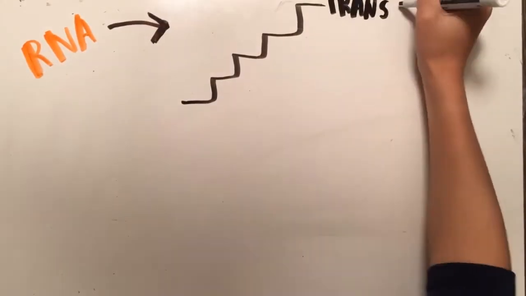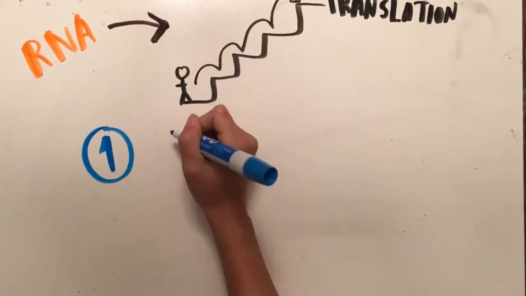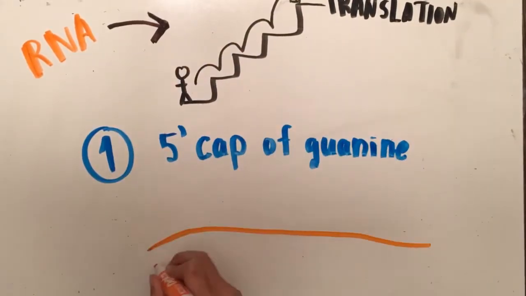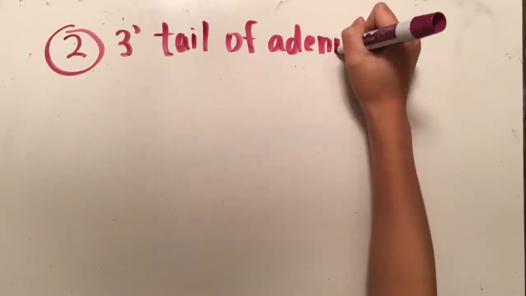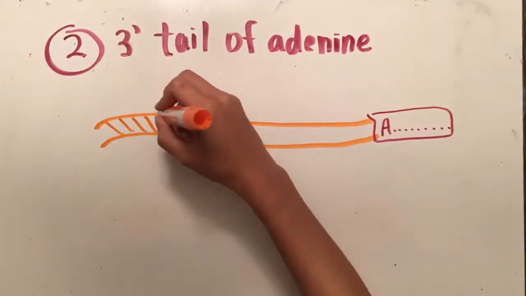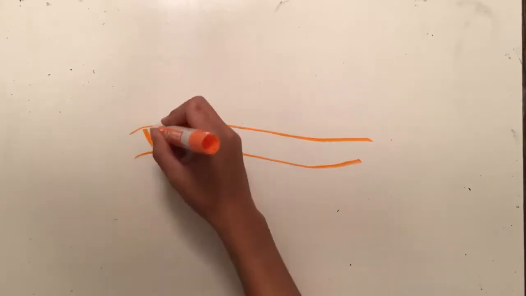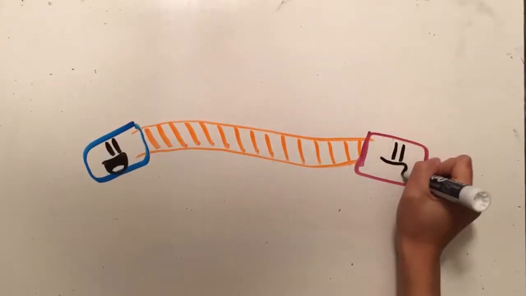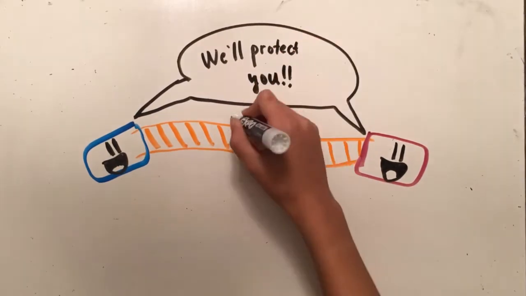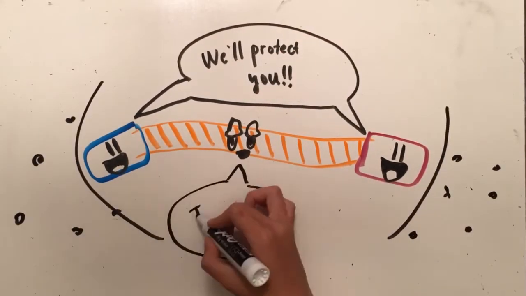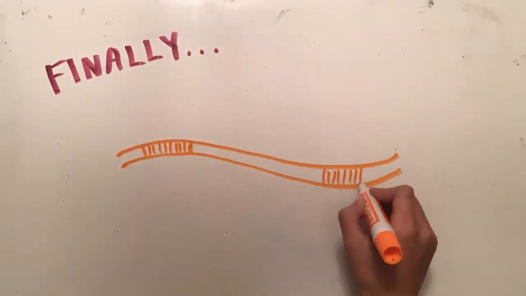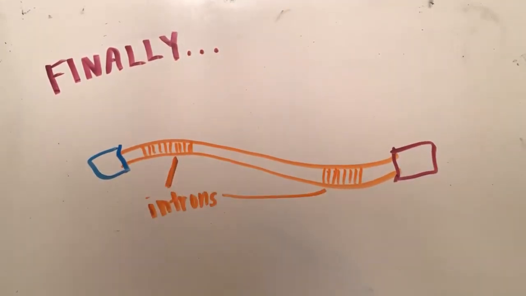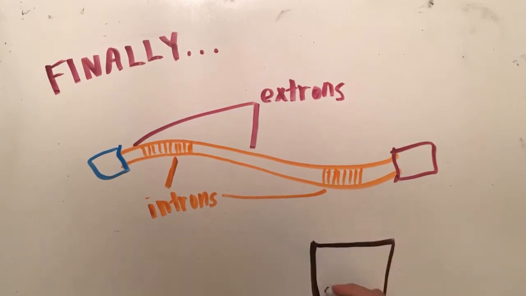First, a 5' cap of guanine is added to the beginning of the strand. Next, a 3' tail of adenine is added to the end. These act as protectors for the mRNA. Finally, sequences of introns or junk RNA are removed, leaving only the exons.